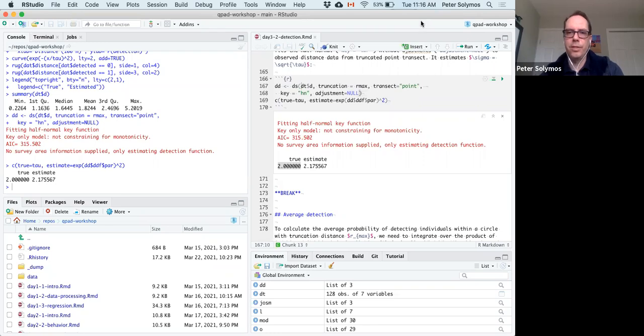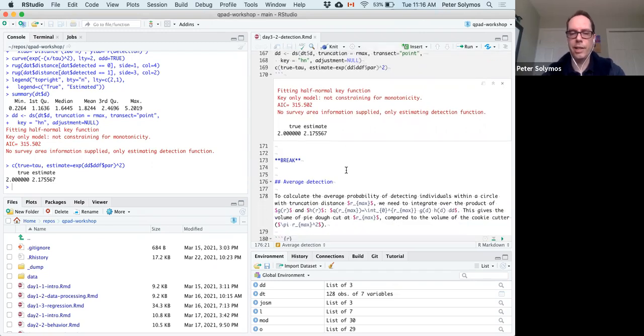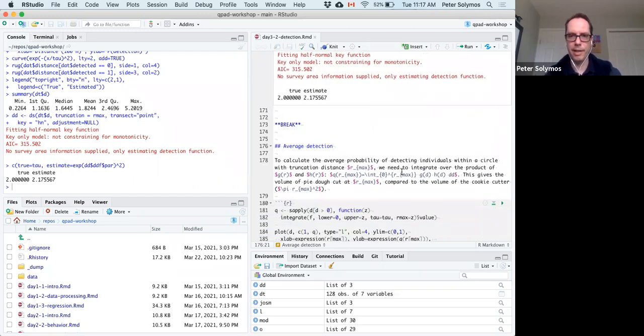But let's finish with estimating these distance sampling parameters so that we can talk about average detection, effective detection radius, and so on, so that as Dora was exploring and going to the tallest mountain, we'll have the same attitude, and we're just going to collect P and Q along the way so that we can put them together and adjust density and talk about our population size. So that's at the end of this remaining part of the code.